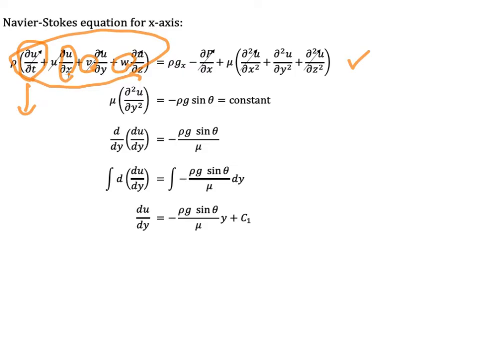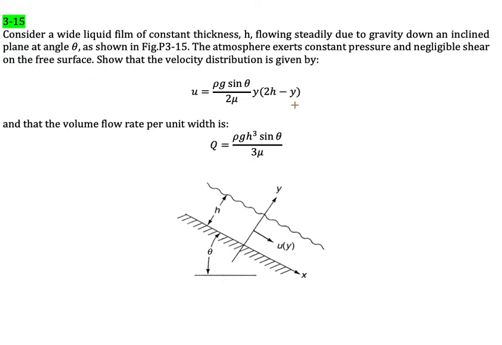So if you cancel off all these values, you could get this one. However, for this situation we have a gravity acceleration here, but if you want to analyze on the x-axis, you need to take the component of gravity along this axis.